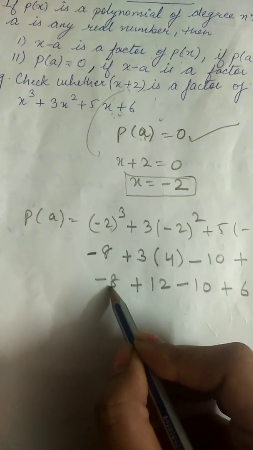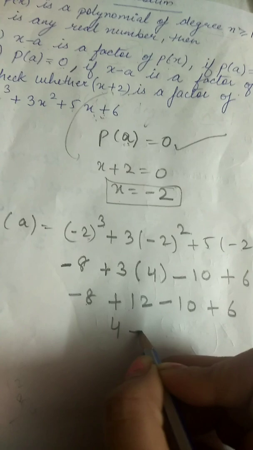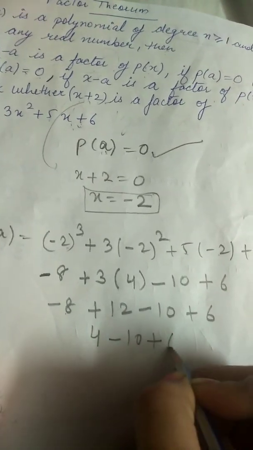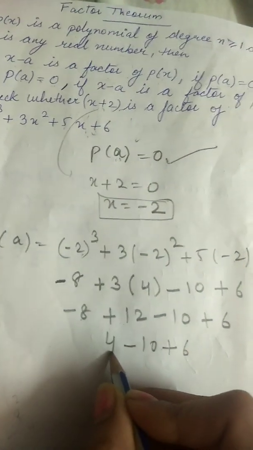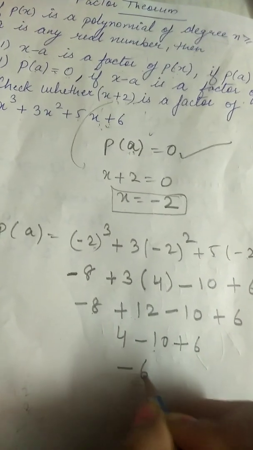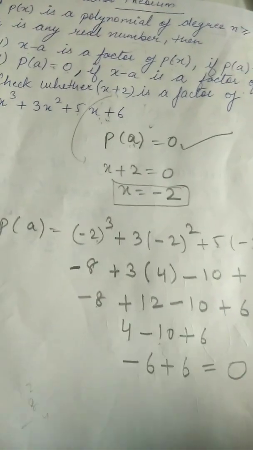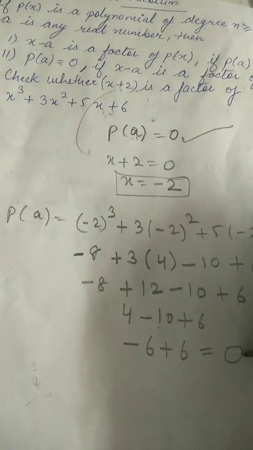Now, minus 8 plus 12, that is 4, minus 10 plus 6. Plus 4 minus 10 means minus 6 plus 6, which is equal to 0. P of a becomes 0.